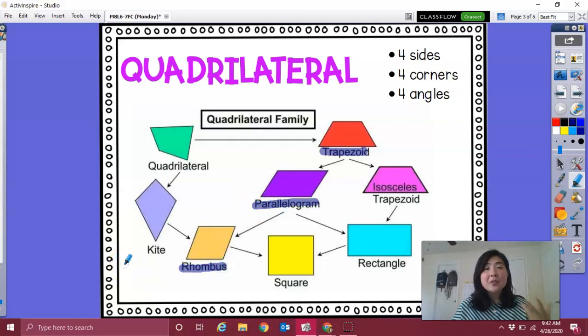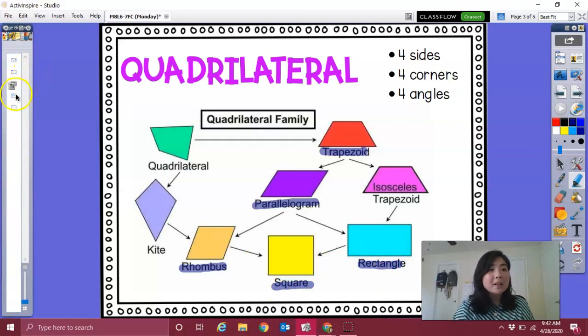I would just like to review the fact that these 3 examples, trapezoid, parallelogram, and rhombus, are all quadrilaterals because they have 4 sides, 4 corners, and 4 angles. And of course, rectangles and squares are part of that quadrilateral family as well.